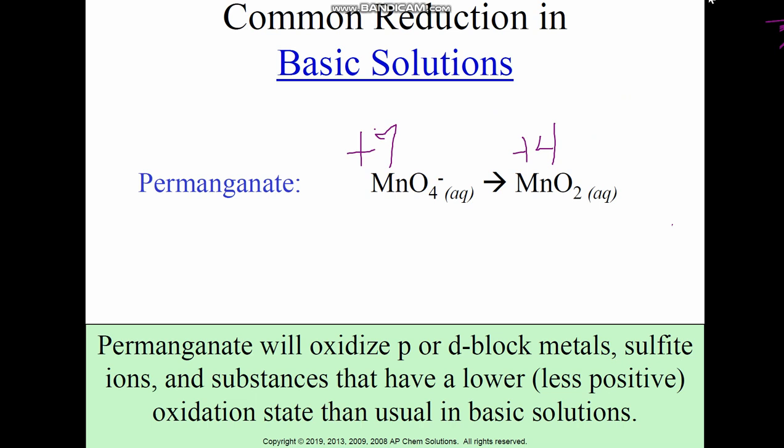It is going to oxidize P or D block metals, sulfide ions, and substances that have lower or less positive oxidation states than usual. That happens in basic solutions. So basic solutions, like I said before, are the ones that have our hydroxide ions in them. And we are going to do a lot of practice with these using the half-reaction balancing method. So don't worry, I just want you to get this content in before we get to class.